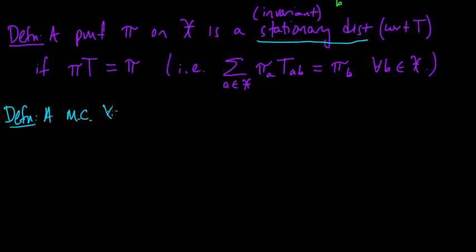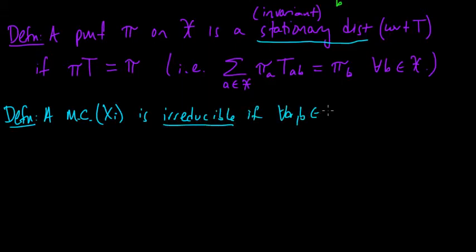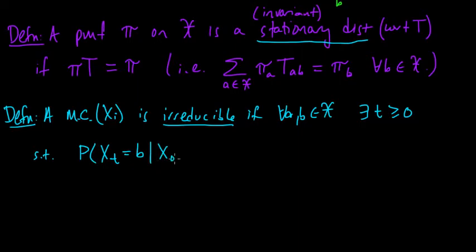A Markov chain X_i is called irreducible if for any pair a and b in the space X, there exists some time t such that the probability that X_t equals b given that X_0 equals a is strictly positive.